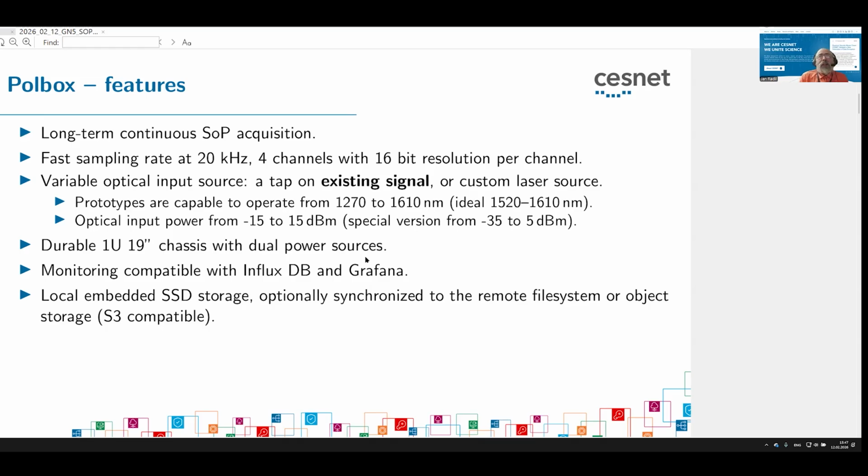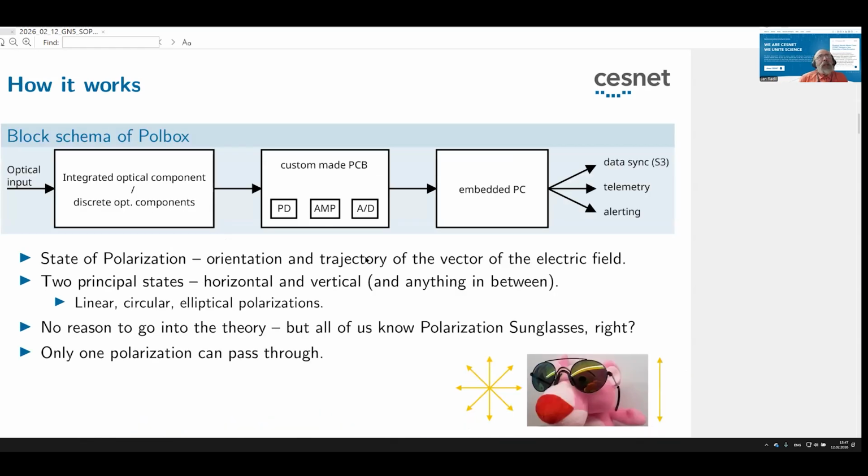Sometimes it's really difficult, but it's not the problem of Polbox, it's just S3. How does it work? Very, very simple. You have an optical input. There are some optical components, then a custom-made PCB with photodiode amplifiers, analog to digital conversion, and this embedded PC. Data, telemetry, and of course you can ask to be alerted if something is going on.